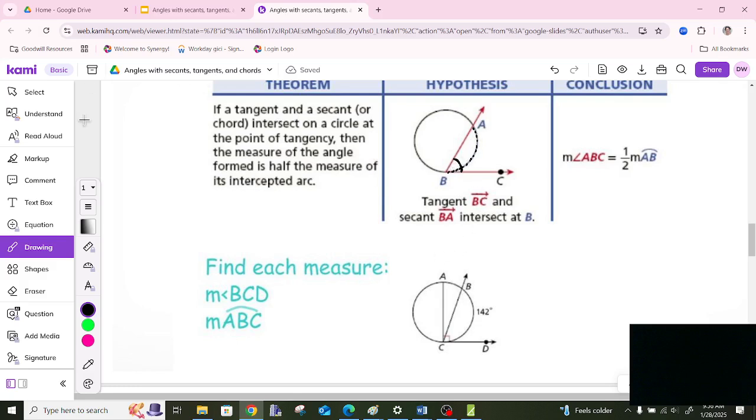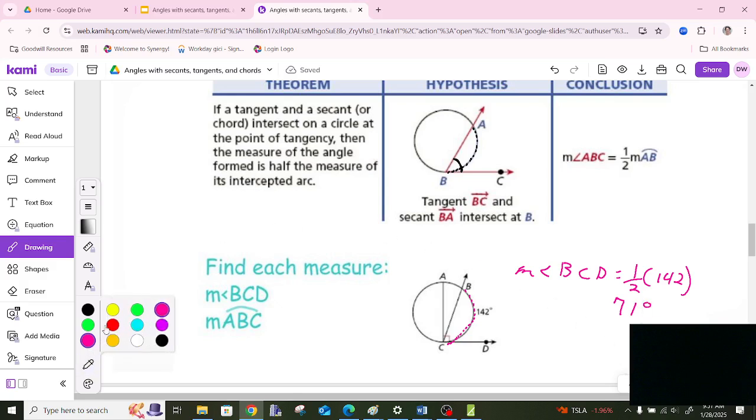So let me change this color so you can see it better. What would be the measure of angle BCD? You would say it's 1/2 of 142, or you just divide it by 2. So what's 1/2 of 142? 71. So this would be 71 degrees.